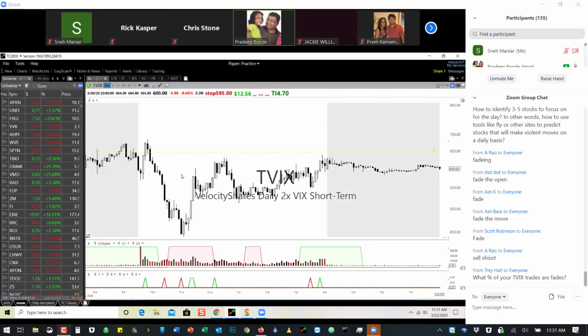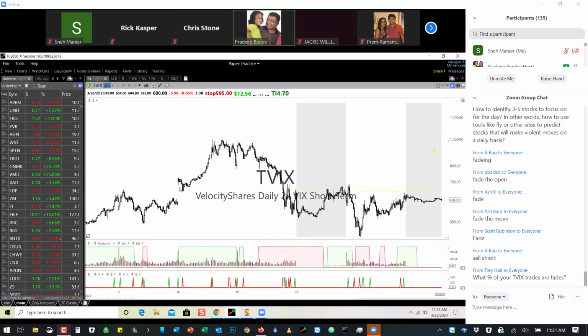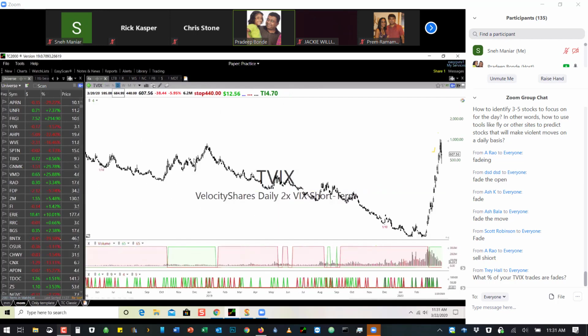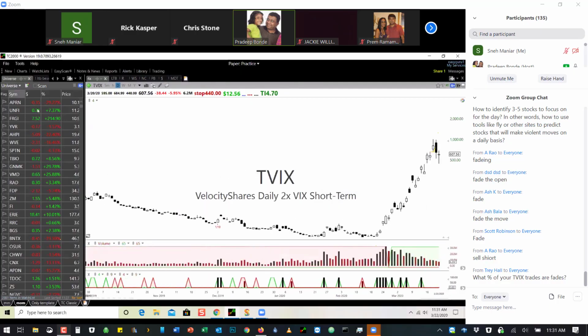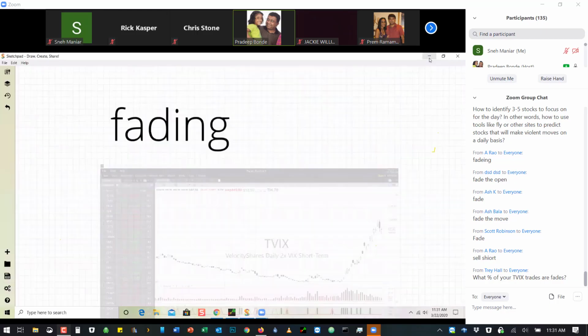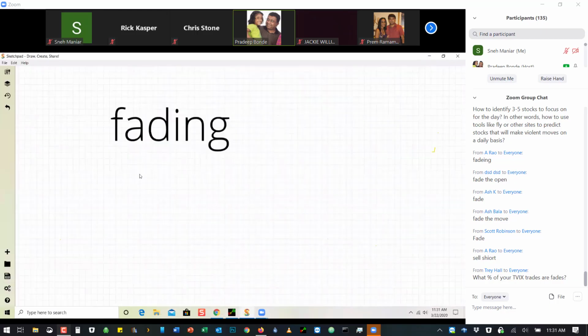That's important to understand, because if you look at that as an edge, it's a big edge. And it's not only about TVIX, it's about any stock which you take. If it is gapping up or gapping down, what should you be looking at? It's fading.